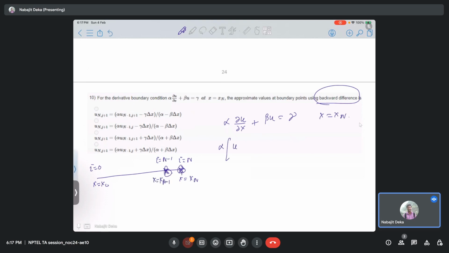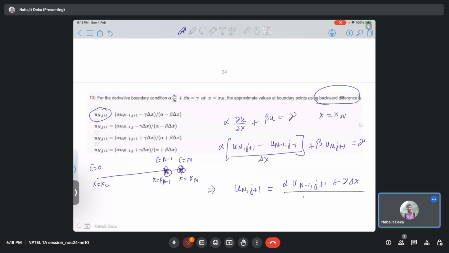So u n j plus 1 minus u n minus 1 j plus 1, by delta x, equal to gamma. Now we need the u n j plus 1 term. So if we rearrange, we'll have alpha u, right? So option C is the correct one.